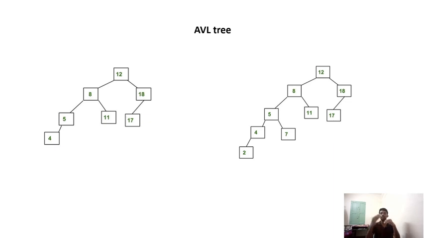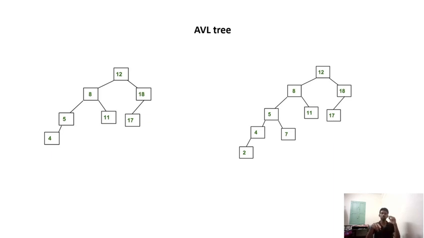And if we consider its immediate parent, that is 5, we have two left subtree elements and one right subtree element. So 2 minus 1 will be 1. So if we move further up to the node 8, you can see that the longest path from the respective node to its leaf node is 5, 4 and 2.